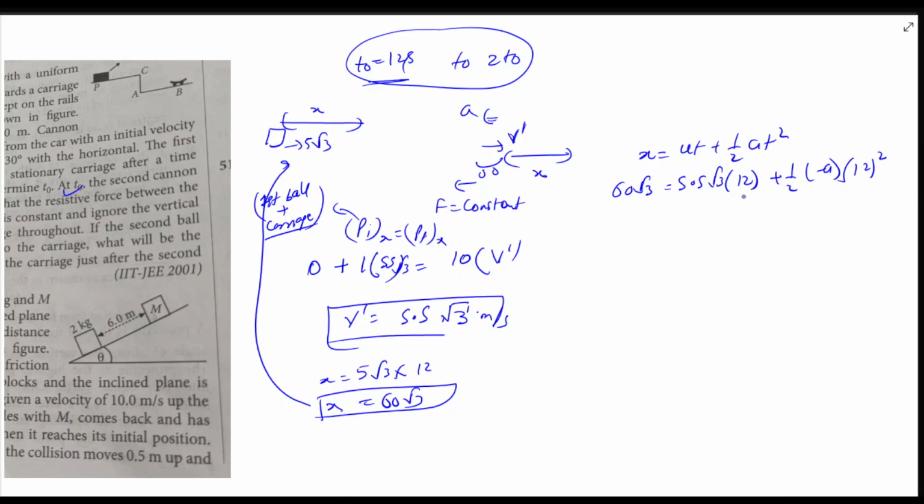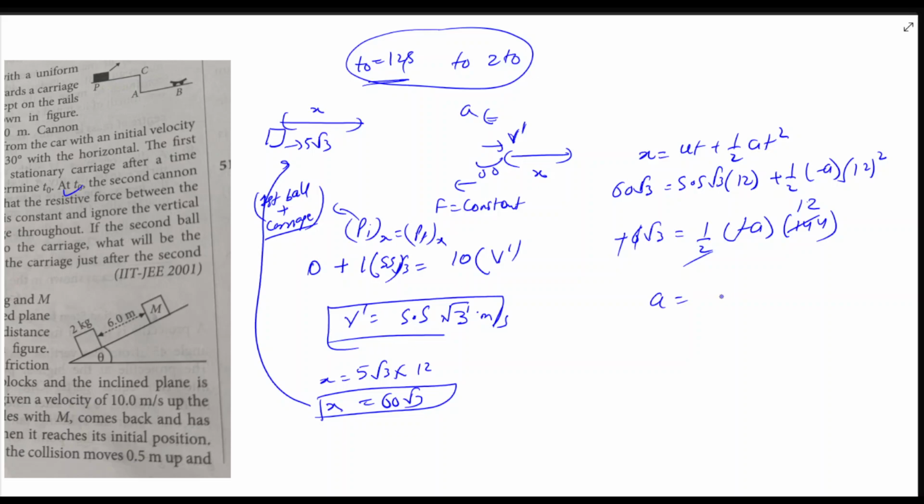So how much will it be? So this will be negative and this will be 66, right? So this will be minus 6 root 3 equals 1 by 2 minus a into 144. This will get cancelled and this will be 12, right?